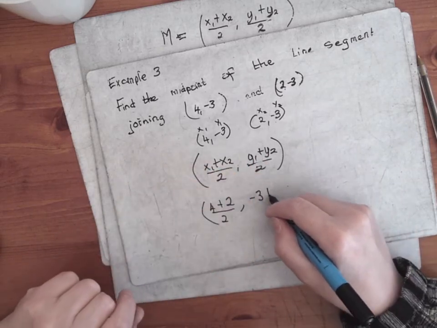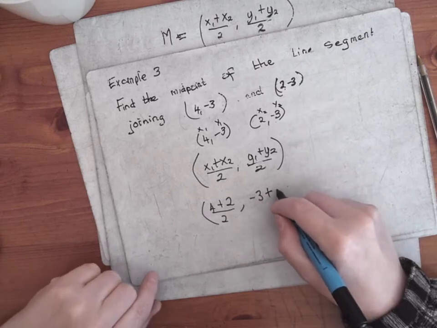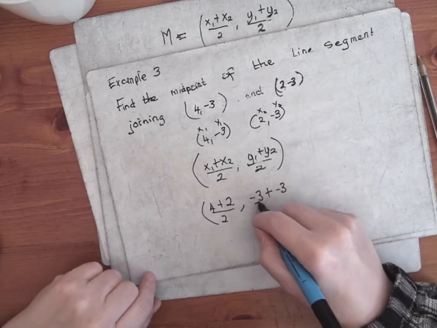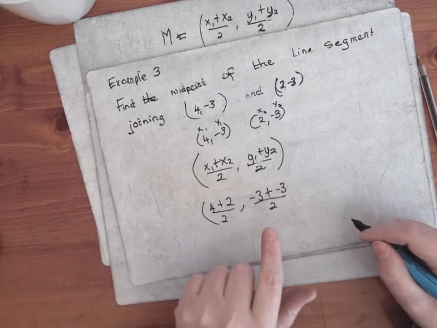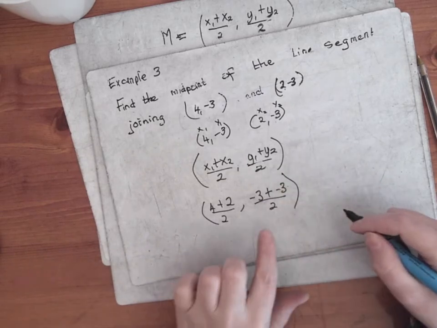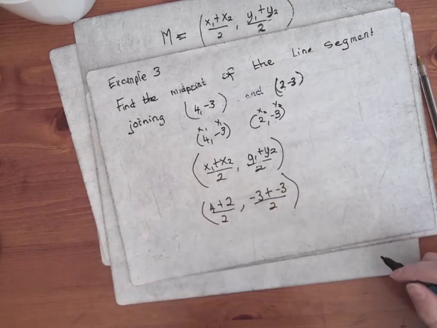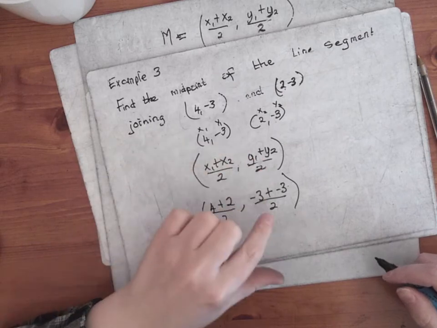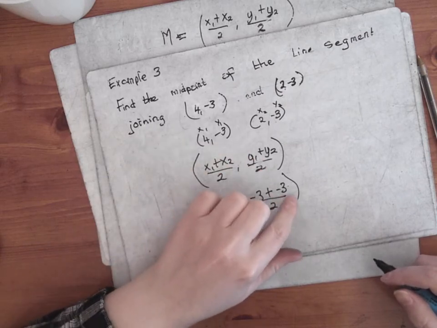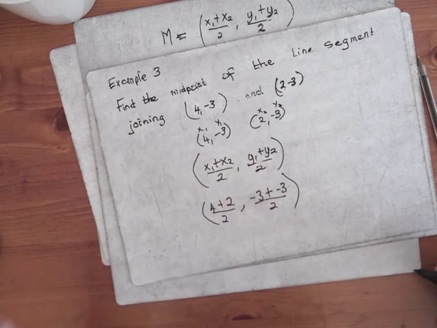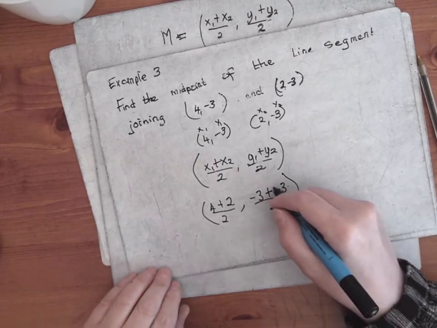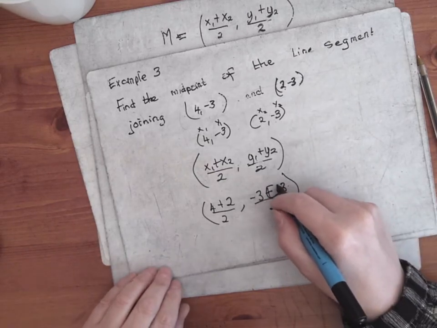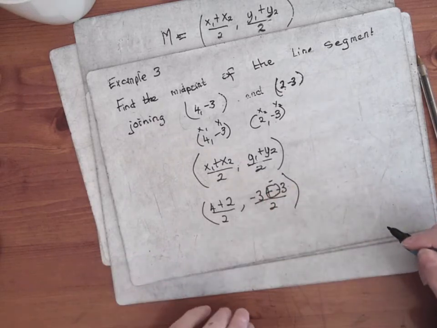Then I have y2, which is also minus 3, all over 2. Now, I have ended up with a plus minus there in the middle. The plus is the one from the formula, and the minus is part of y2. But a plus minus, what is a plus minus? A plus multiplied by a minus is a minus. So a plus minus is a minus.